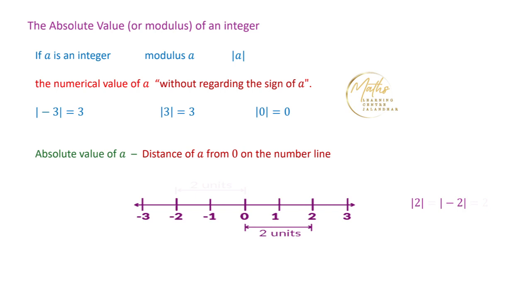This means the distance of the point 2 from the number 0, and the distance in this case is equal to 2 units. If I am talking about the absolute value of -2, it means the distance of the point -2 from the point 0, and the distance in this case is also 2 units. So what we obtain is that modulus of 2 is equal to modulus of -2, which is equal to 2. It means that the modulus of the number a represents the distance of the number a from the number 0 on the number line.